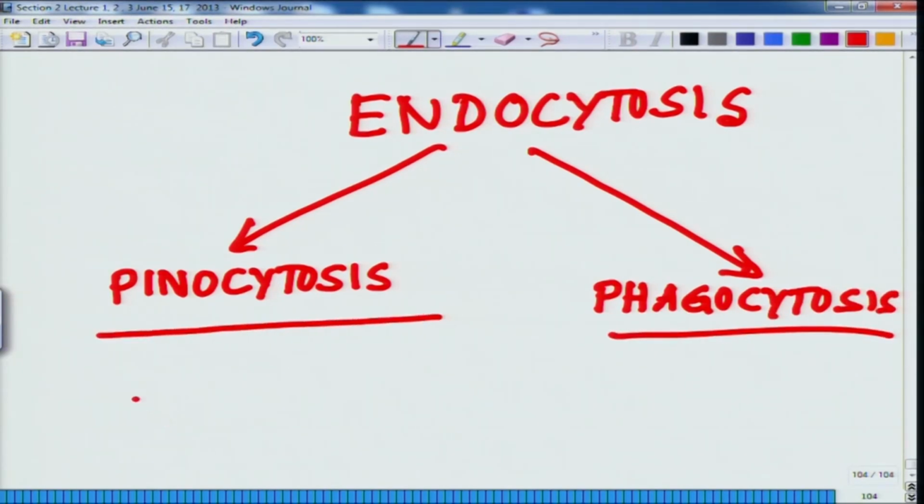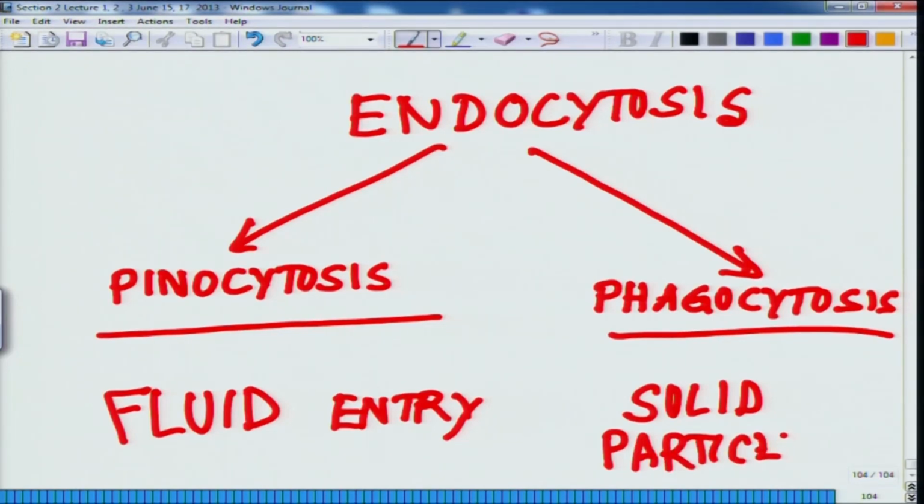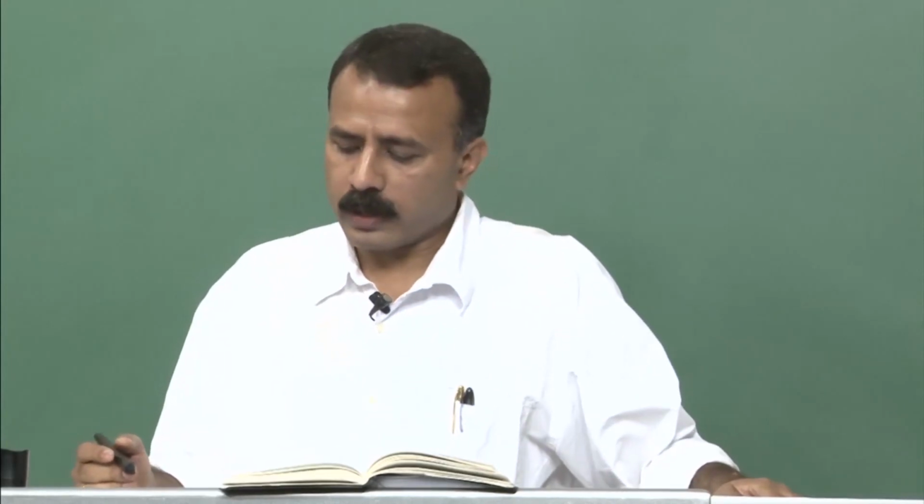Pinocytosis is a process by which a lot of fluid material is taken inside the cell, fluid entry, whereas in phagocytosis, it is solid particle entry. This is the basic difference between pinocytosis and phagocytosis.